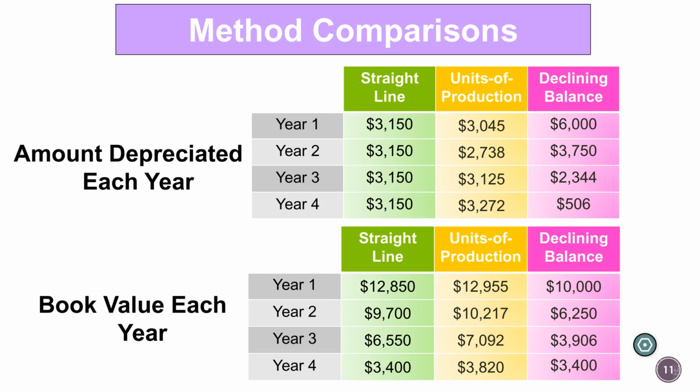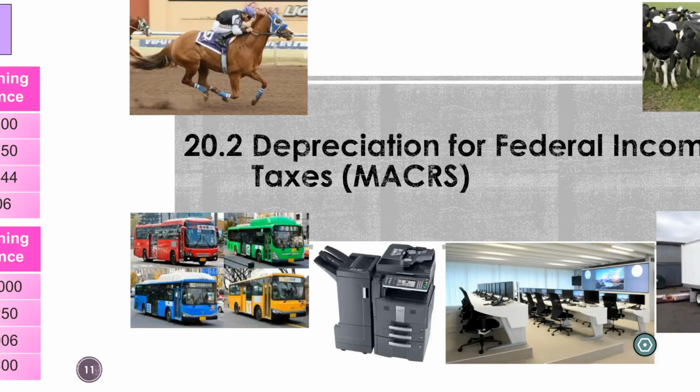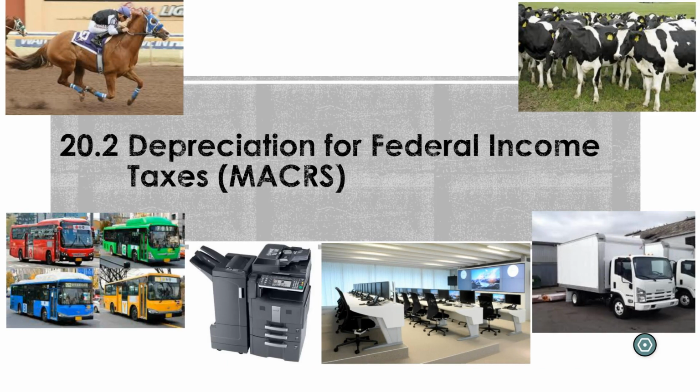Okay. So now we're going to jump into MACRS, which is our depreciation for federal income taxes. This is basically the IRS way of depreciation, and we show you all of these different methods, and you can see there's all kinds of things you can depreciate.